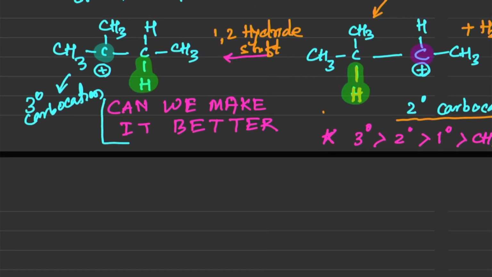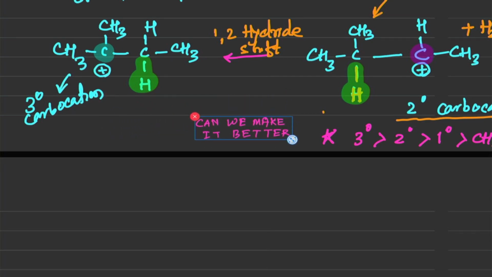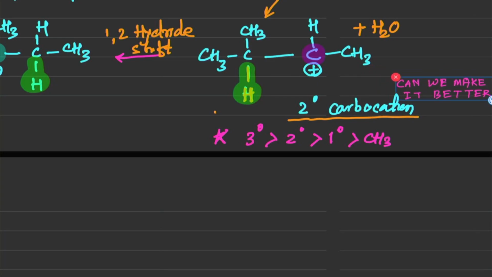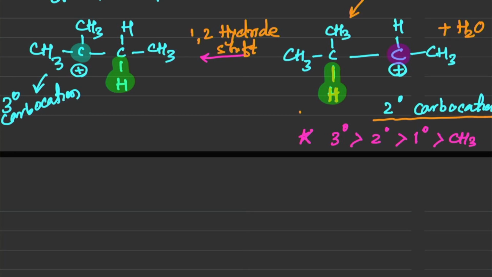Let's make this slightly smaller and move it out of our way. I'll put it here. Can we make it better? Now we take this, and that's your stable carbocation, right?